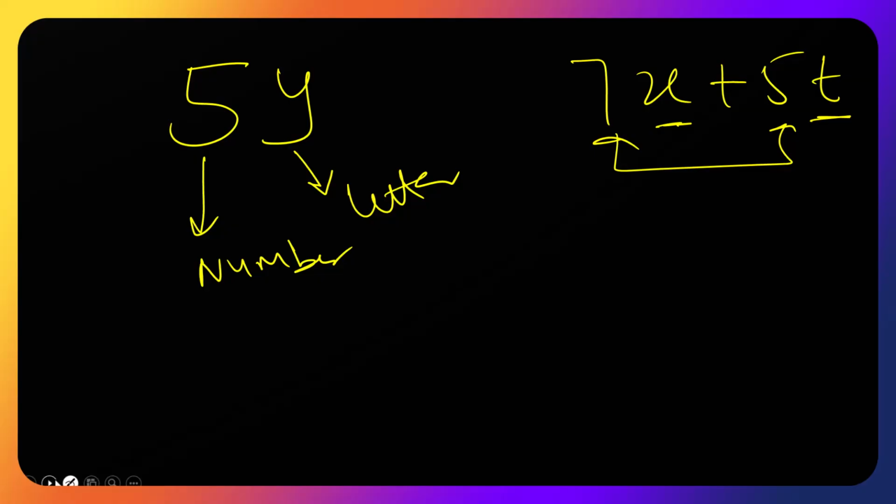Now, without wasting much time, let's look at how to form algebraic expressions. All right, so to form algebraic expressions, the following statements are very, very important. The first one has to do with x more than the number.